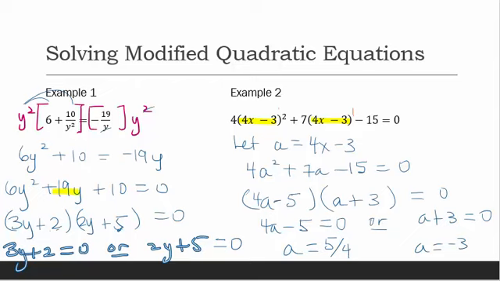Okay. Well, now I recognize that my goal is really to solve for x, not for a. And so let's substitute the expression back in. So we're going to put 4x minus 3 in this spot, and then solve for x.